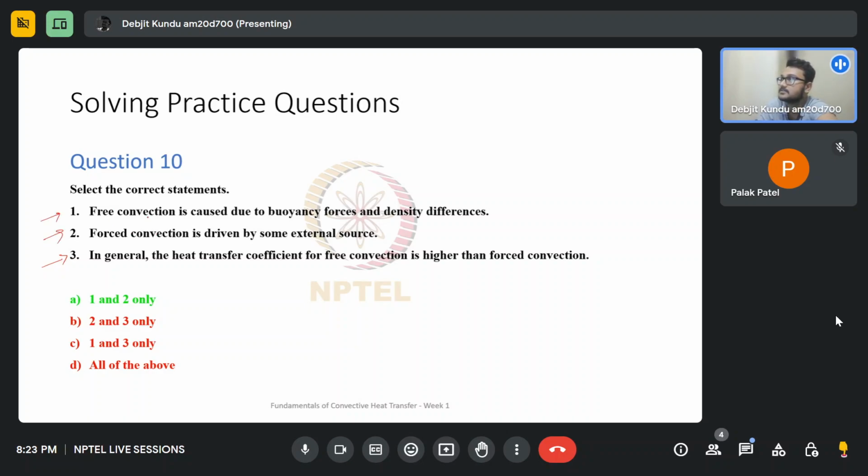So the first statement says free convection is caused due to buoyancy forces and density differences. That is true. So in free convection, what happens is that we have a hot wall like this.